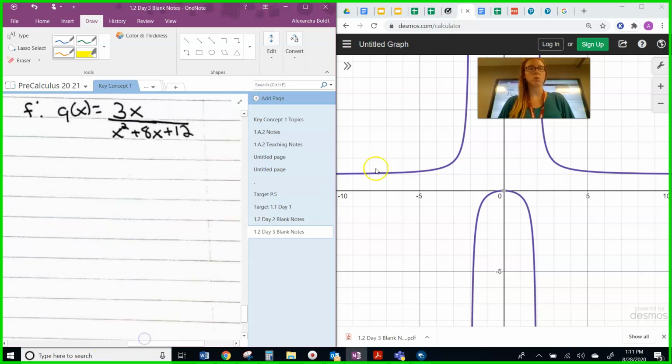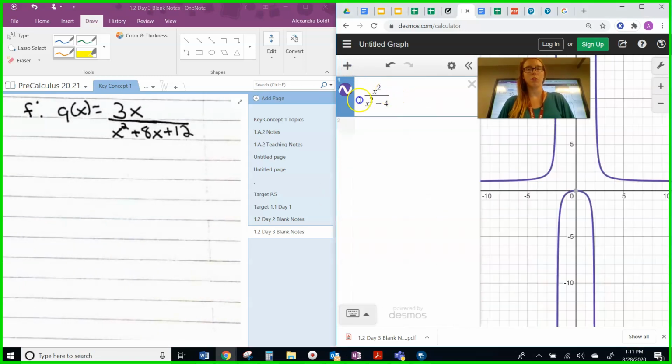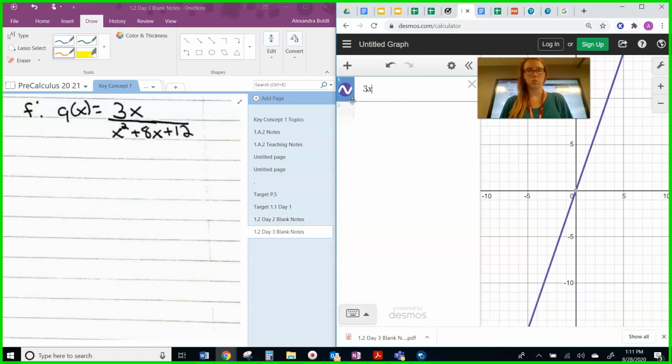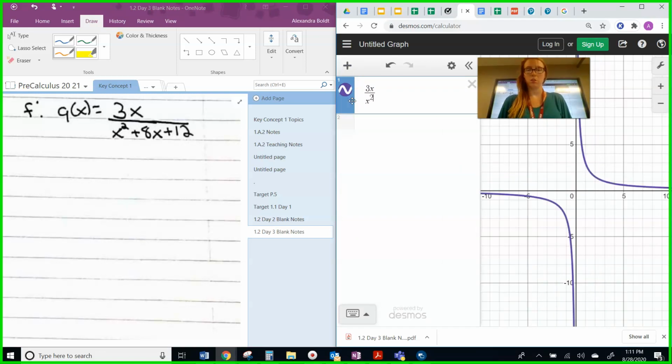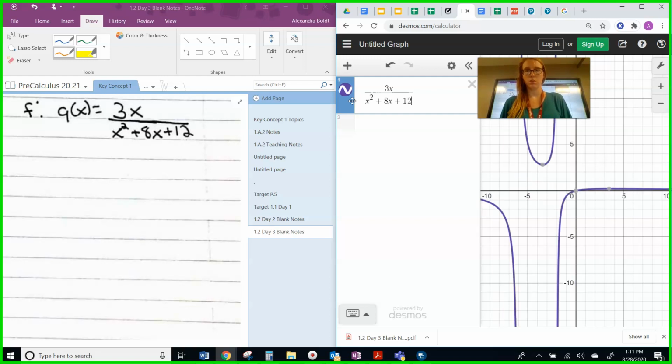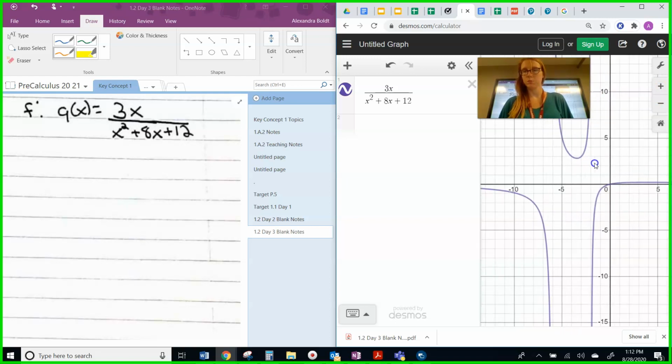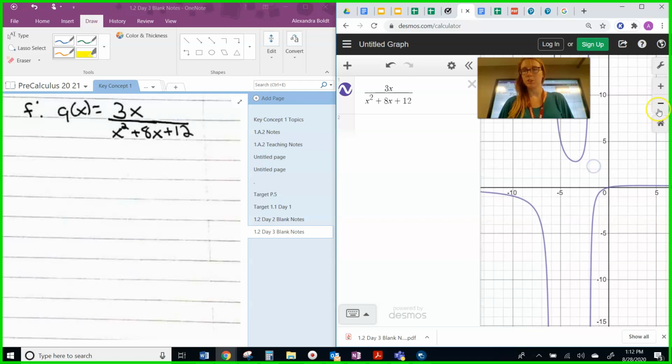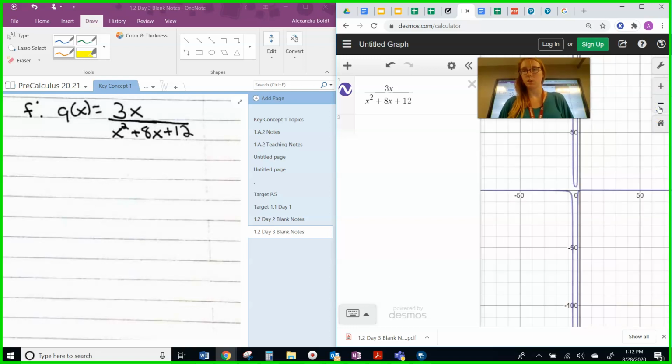Q of x equals 3x over x squared plus 8x plus 12. So I'm actually going to zoom this one out because it is a weird situation.